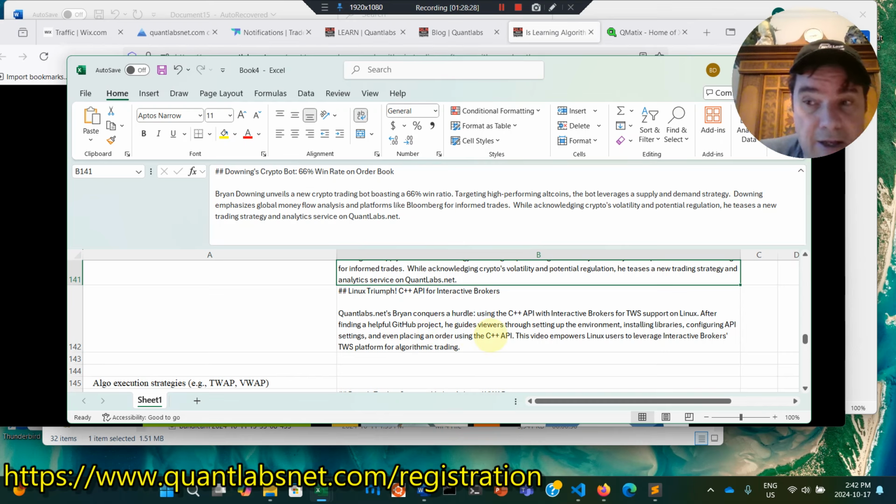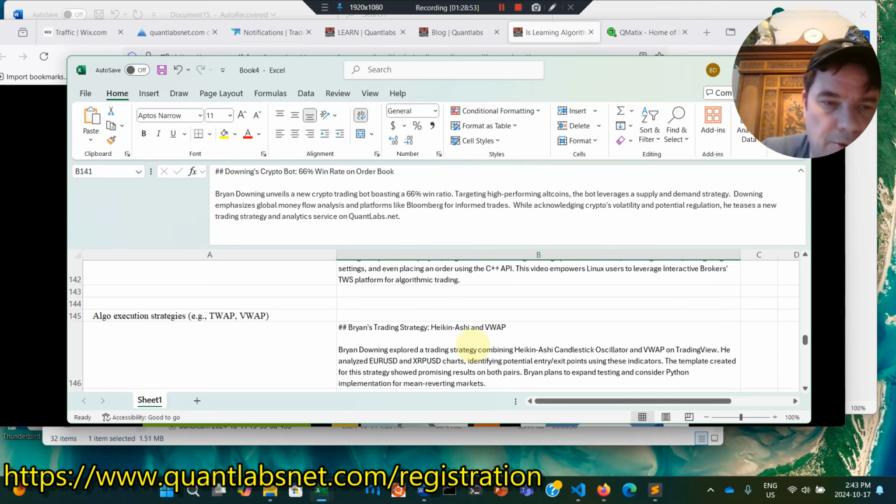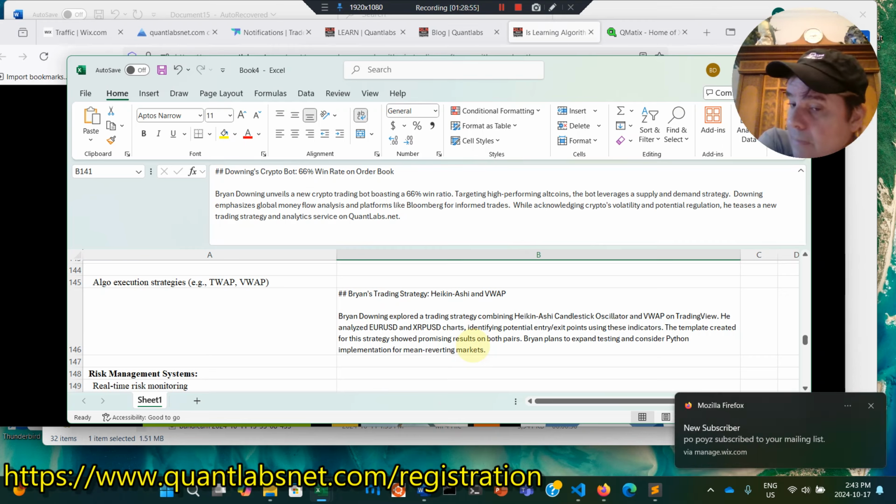But if it is still valid, it's very valuable, guiding viewers through setting up the environment, the libraries, the current API settings, and even placing an order through the C++ API from Interactive Brokers. If you're a Linux user wanting to know this, there's not a lot of info out there from what I've seen. Leveraging the Interactive Brokers TWS platform for algo trading. Okay, wow.